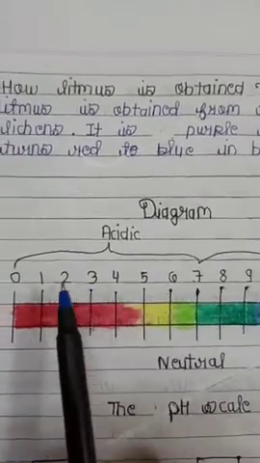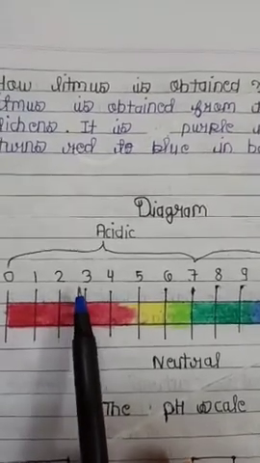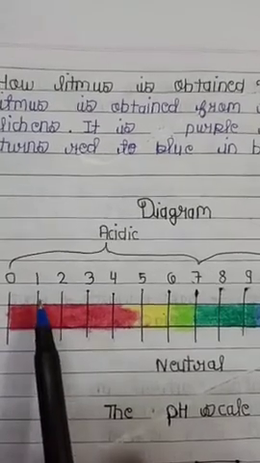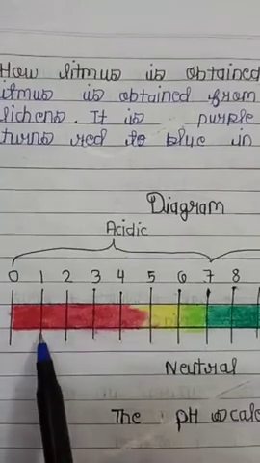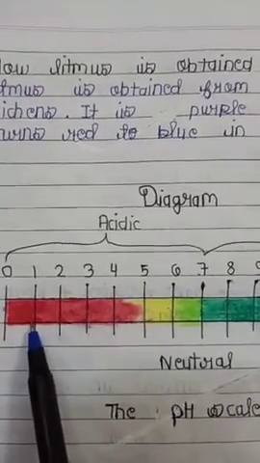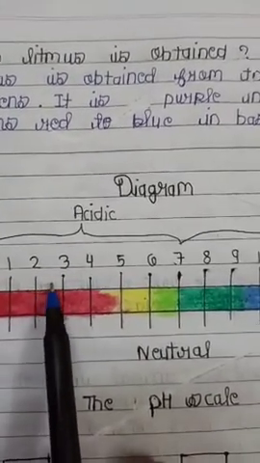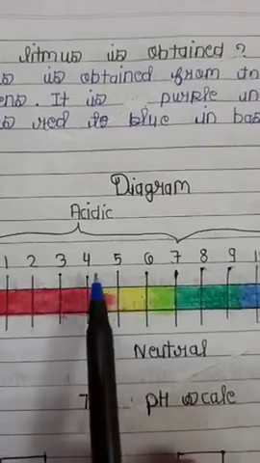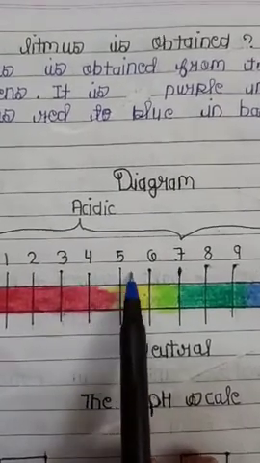The lower the number, the stronger the acid, means if any acid has pH 1, then it can be the strongest acid. And as the number increases towards 7, the acid becomes weaker.